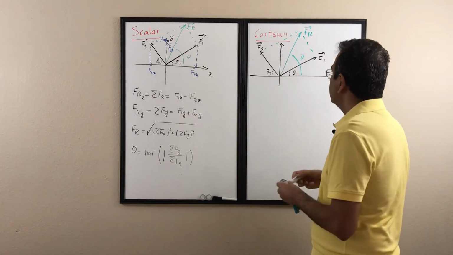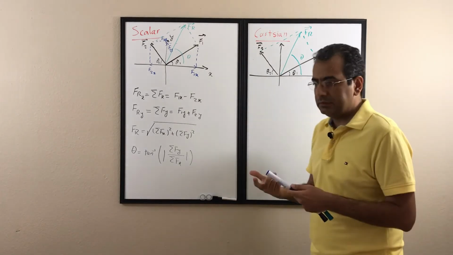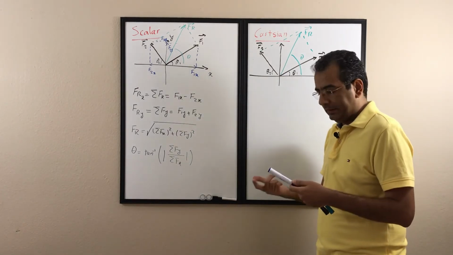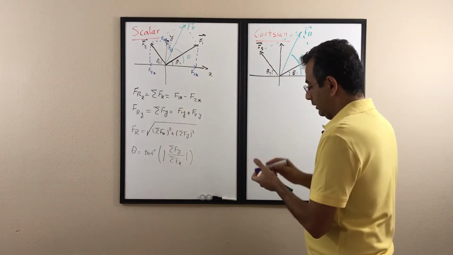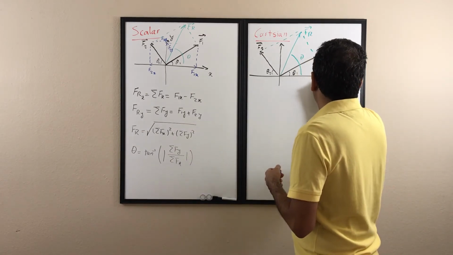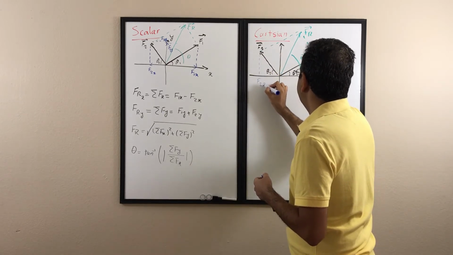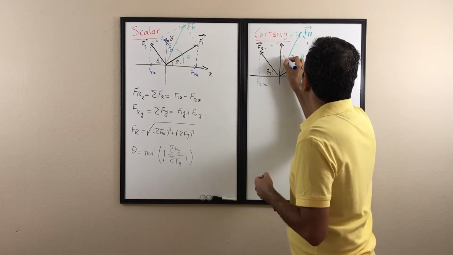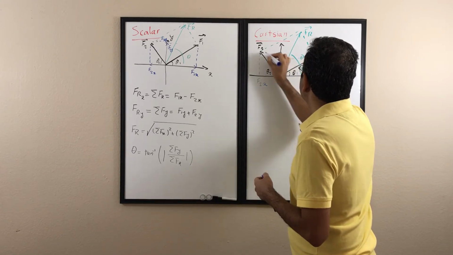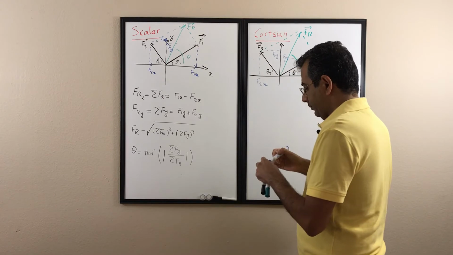Same here, the first thing we are going to do is write each vector into its components. Like what we have there, it's going to be F1x, F2x, F1 in y direction, and F2 in y direction.